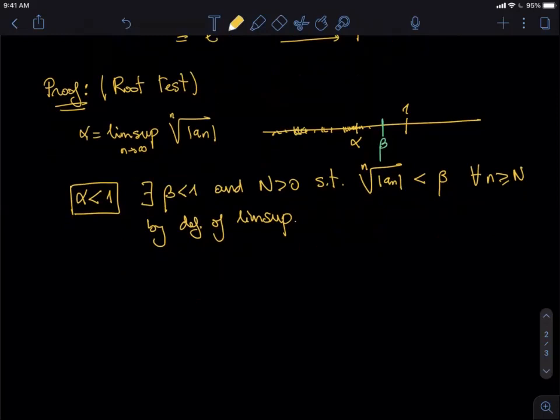Okay, but once we do this, that means that the absolute value of an is smaller than beta to the power n.